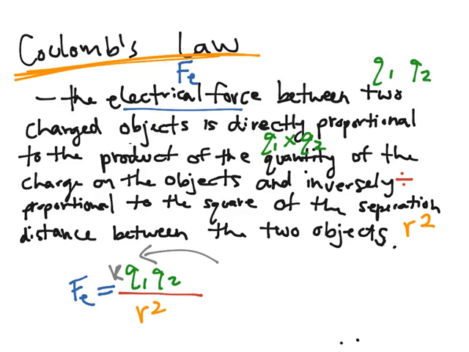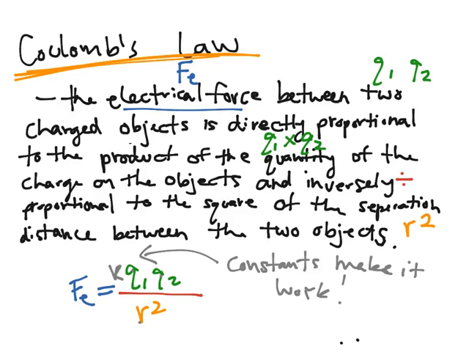Essentially, when you have constants, this is to make it work. What I mean by that is when they actually do the math in the experiment, they can actually test how big the charge is, how big the second charge is, how big the distance is, and how large the force is.